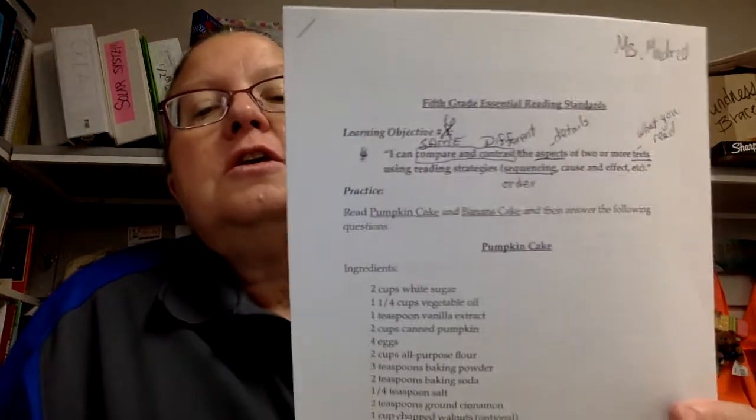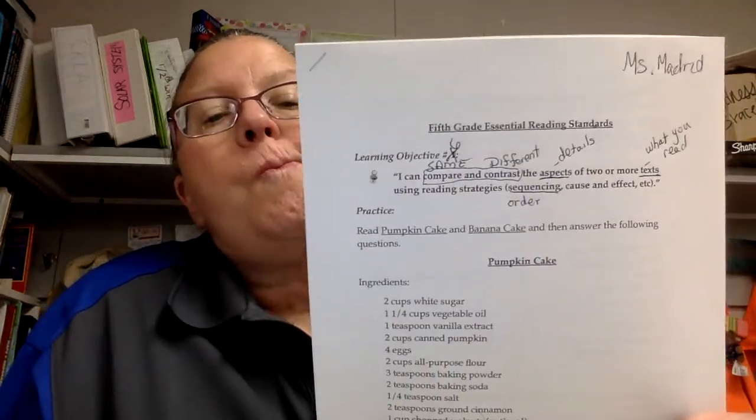And the word aspects means like details of them. And we know that the word text means what you read. And sequencing means order, like first, second, third. So our objective should look something like this.